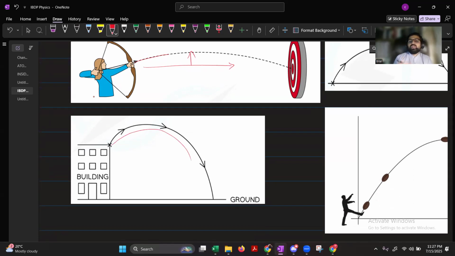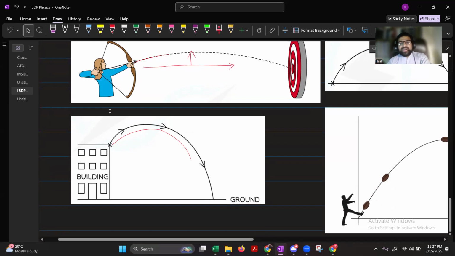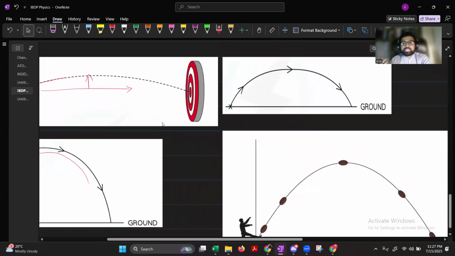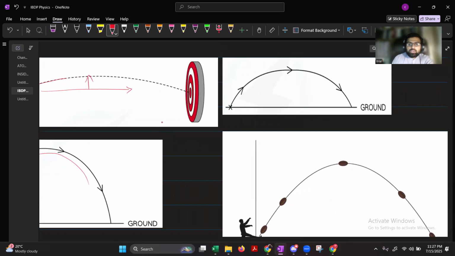So this is also a projectile. If you're interested in cricket like me, whenever a batsman hits a ball for a six, the path of the ball is also a projectile because it is covering some distance along the y-axis and also along the x-axis.